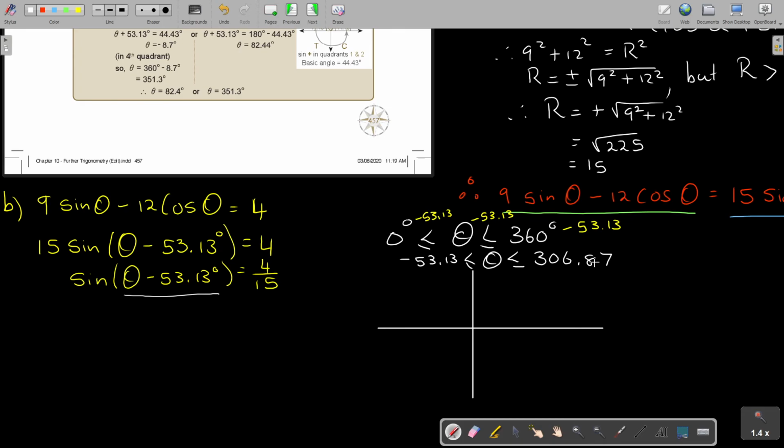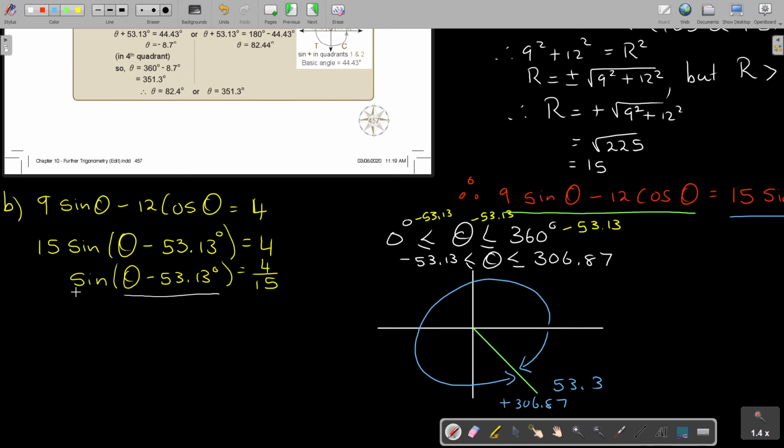Now, basically on this sketch, if I have to indicate it on this sketch, I can indicate it like this. Let's just use green. Say, for example, so this will be 53.13 in a negative. The other one will be like this, which will be the positive 306.87. But if you see, it's not going to influence this question.